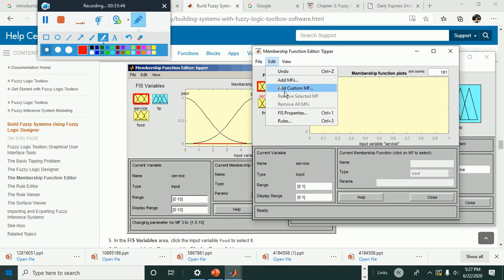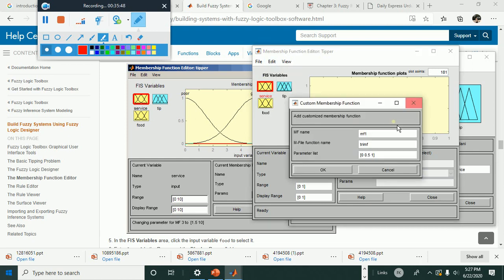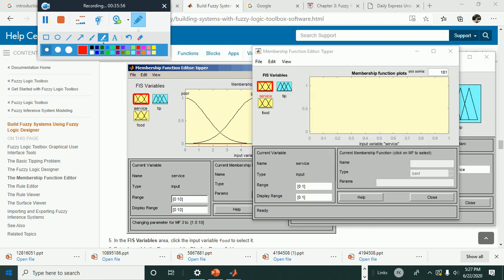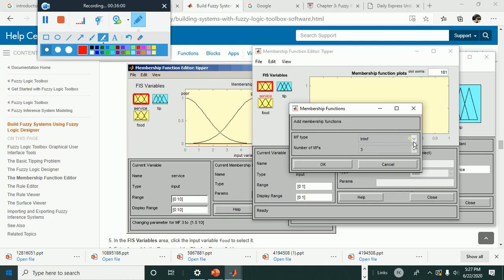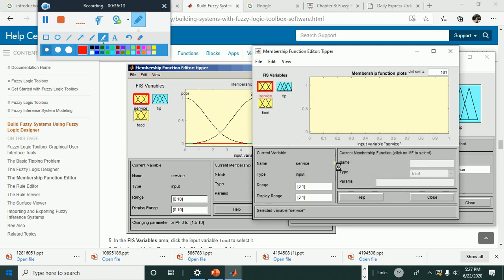We have to add mf, by default the Gaussian function, and the number is 3.